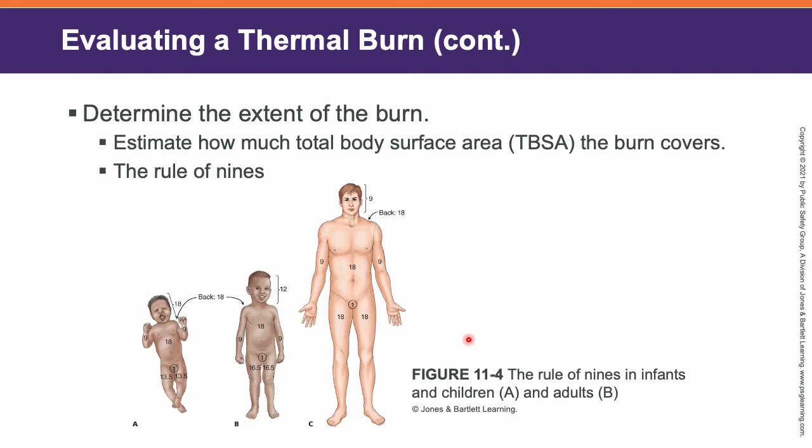So if one arm is completely burned, that means 9% of the total surface area of your entire body has been burned. And then you can kind of add it together, like if you have both arms, then it's 18%, right? If you have the whole front of your body, that's 18%. If you have the whole back of your body, that's 18%. Your head is 9%. Your face is 9%. Back of your head is 9%. So on and so forth.